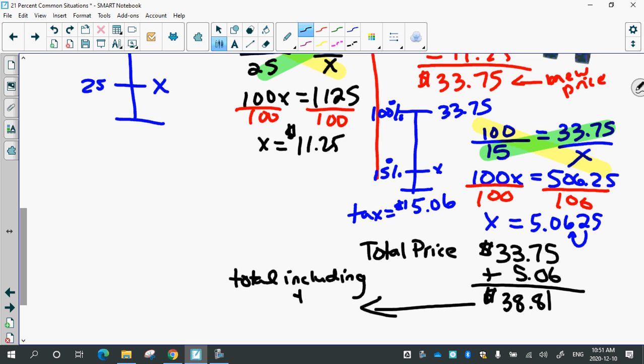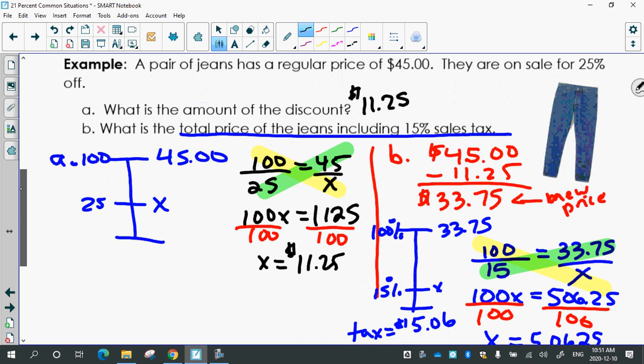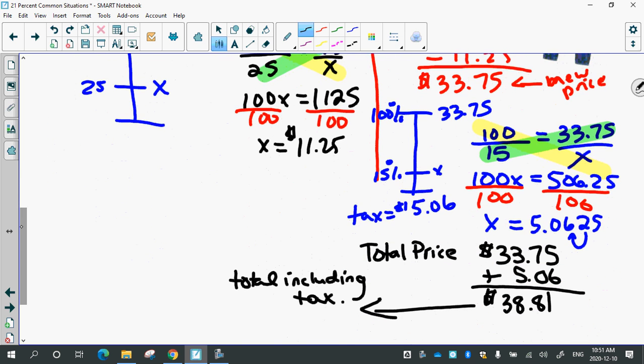So there were lots of calculations we had to do in that question. We had to first figure out how much the discount was and subtract it. Then we had to figure out the amount of the sales tax, and then we had to add it on. Okay? Lots of parts to that question. And that's a common question.